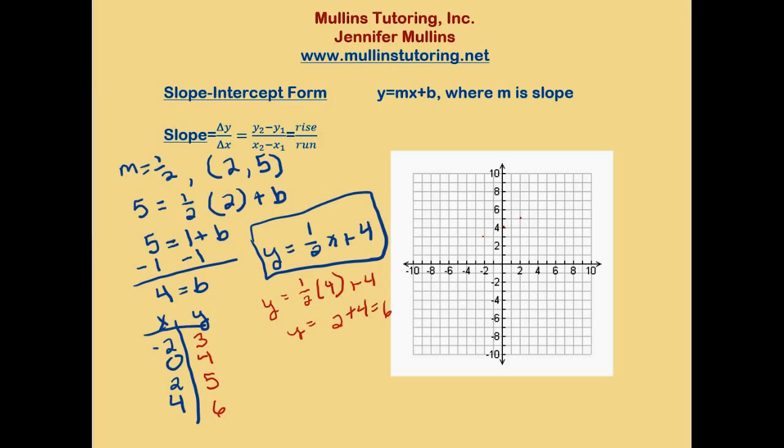And when x is 4, y is going to be 6. Now that I've got all the points on, I just draw a line to connect all of the points, which continues in both directions. What the slope tells me is that every time I go up 1, I'm going over 2 places. So I'm up 1 over 2, up 1 over 2.